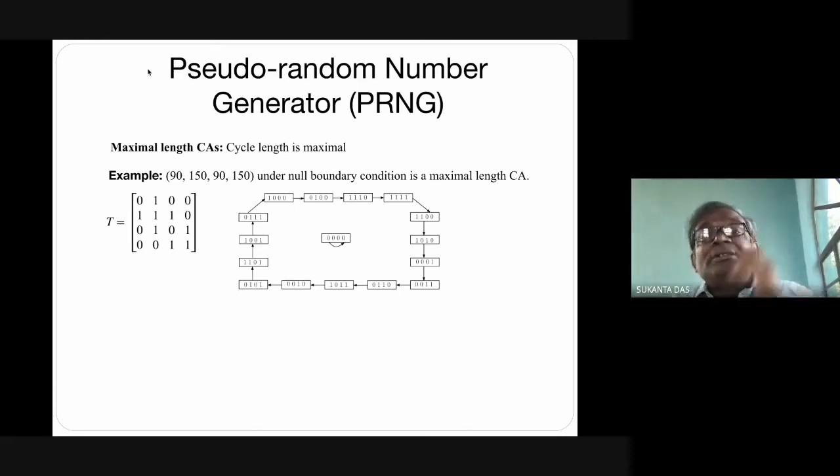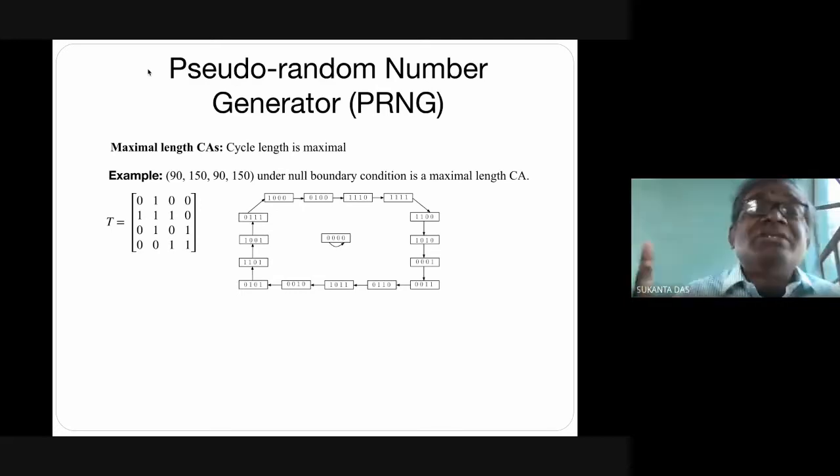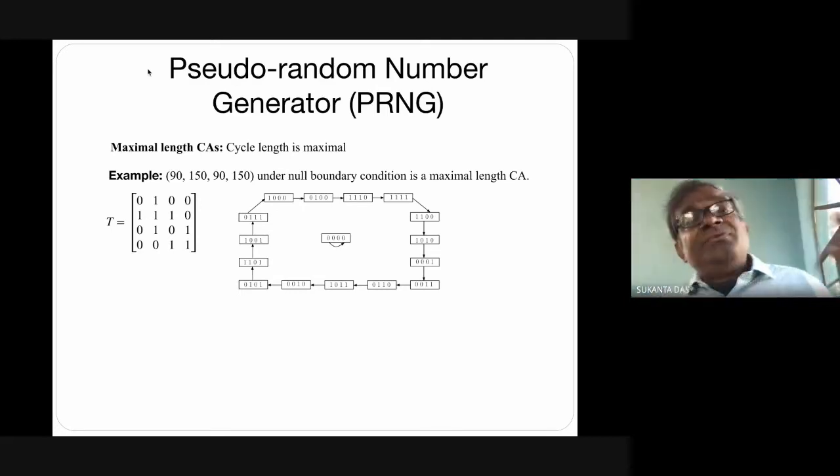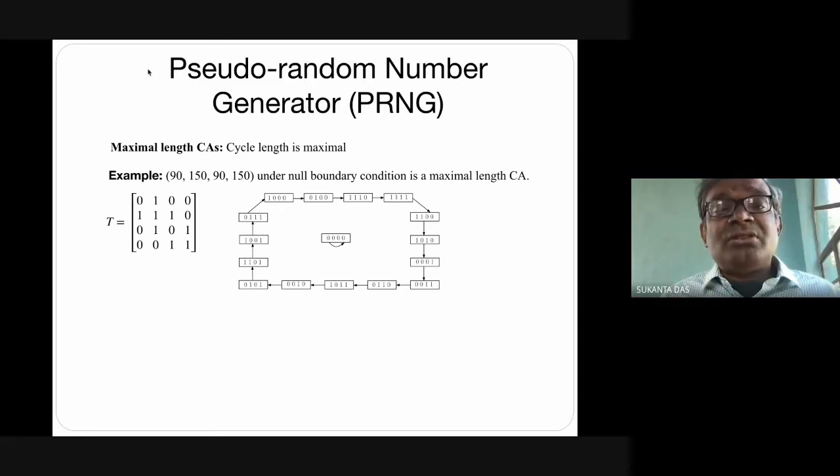I was saying that number generation and pattern generation are not the same. Mathematically they are different. Patterns and numbers are not the same. But as I said, a configuration can be treated as a pattern. So automata generate configurations, that is, automata generate patterns one after another.